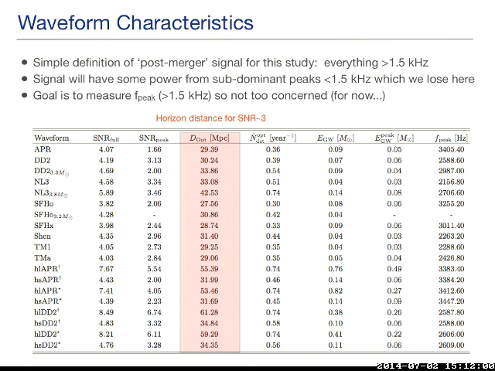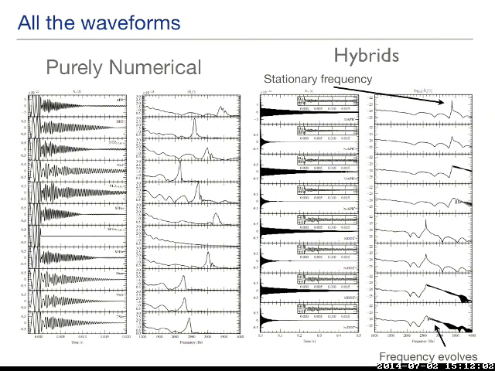About the previous transparency. In some cases, when you go from the numerical to the hybrid, the peak structure is amplified, and in some cases, it looks like it's suppressed. It's certainly amplified if it's just the stationary one.